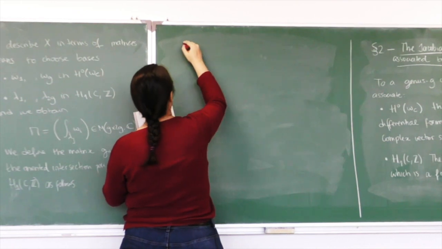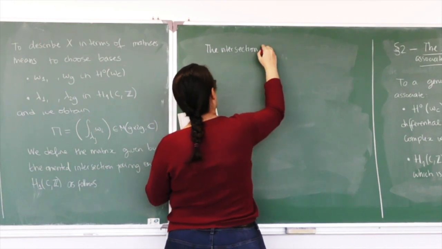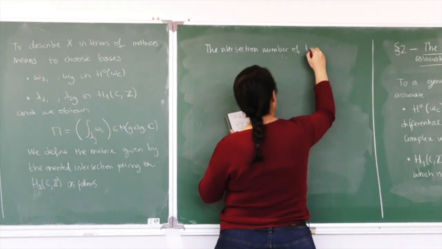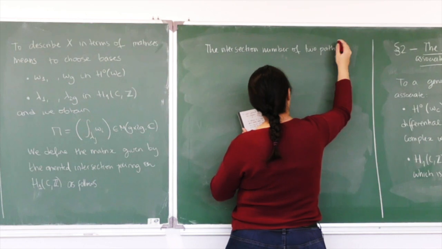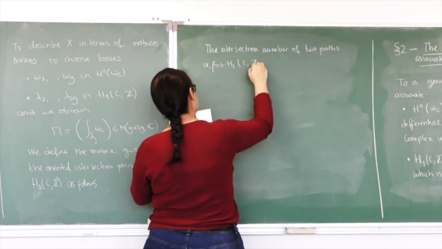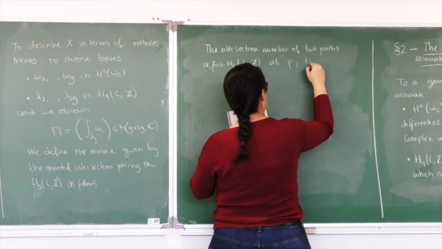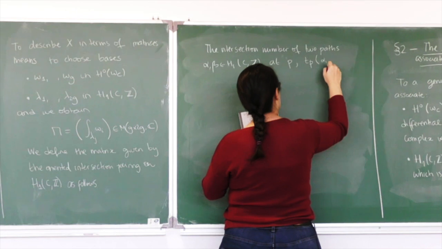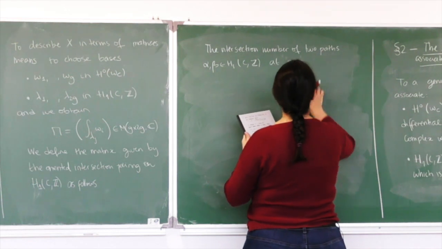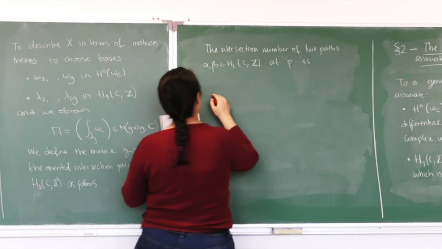So the intersection number of two paths alpha, beta in the first homology group at a point P, which we denote by T sub P of alpha, beta, is, well, I'll just write it down here.